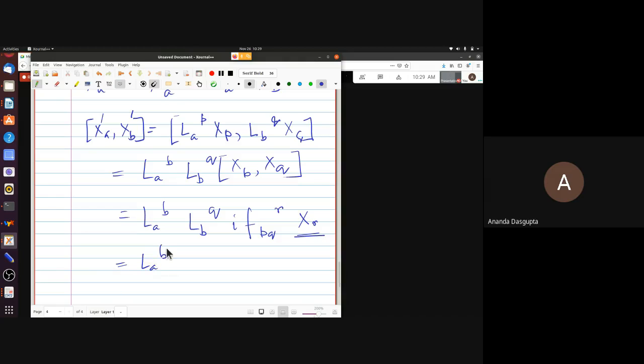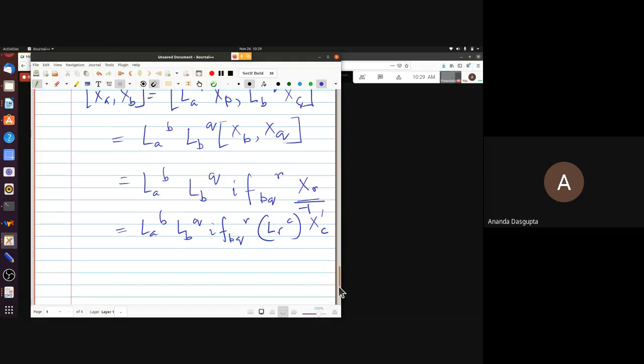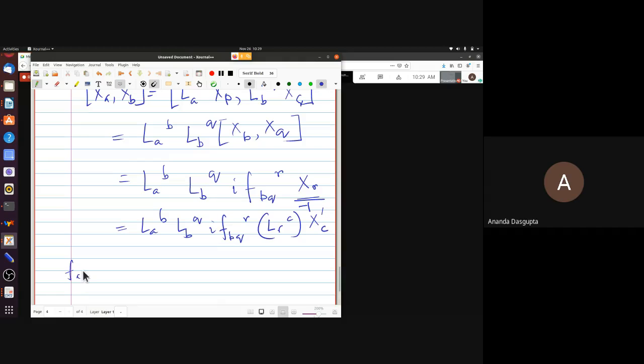So f'_abc, the new f_abc, is actually related to f_pqr in a slightly complicated manner. There are two L factors, one L inverse factor. Basically, it's the way in which 2-1 tensors transform.